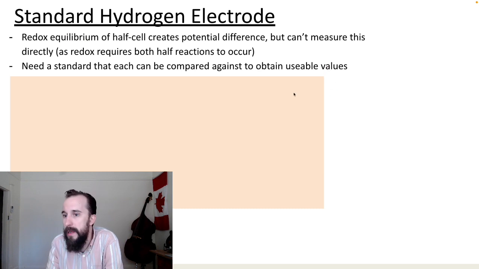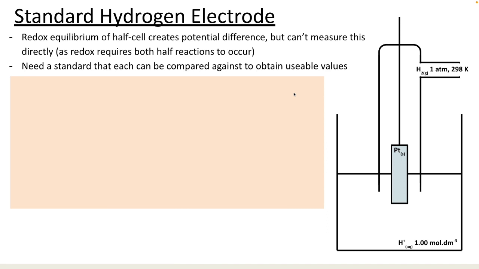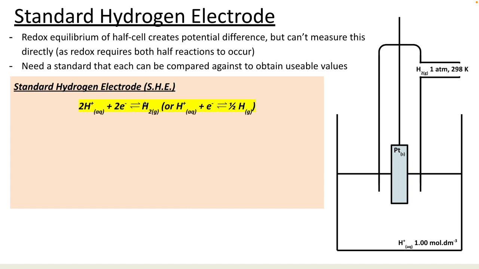And the standard we're going to be looking at is what's called the standard hydrogen electrode. That looks like this over here. Similarities to the kinds of half cells we were looking at last time, but clearly some differences as well. So let's investigate those. The standard hydrogen electrode, called the SHE for short as the acronym. It's a redox equilibrium with hydrogen.